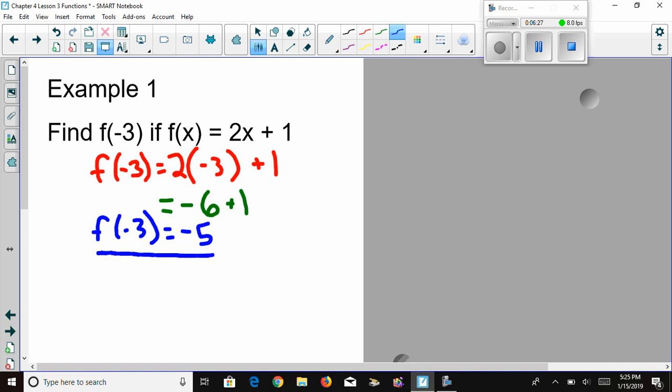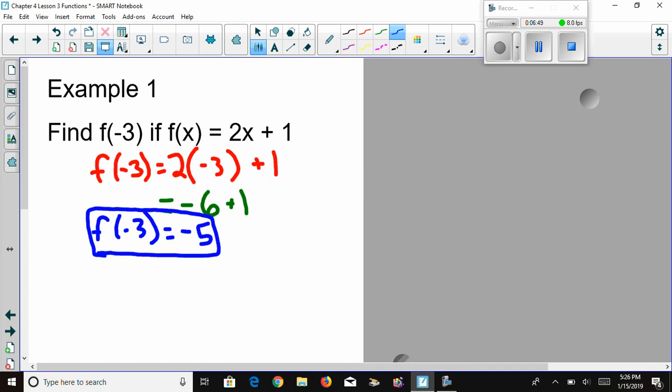Because -6 plus 1 is -5. That's how quick it can go. As long as you guys are comfortable with your math facts or functioning the calculator, you should be able to plug in the number and find your answer in few steps.